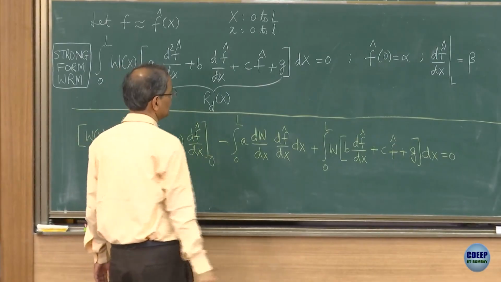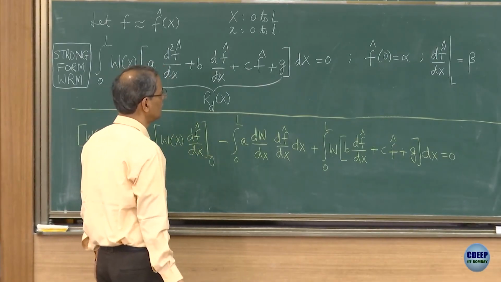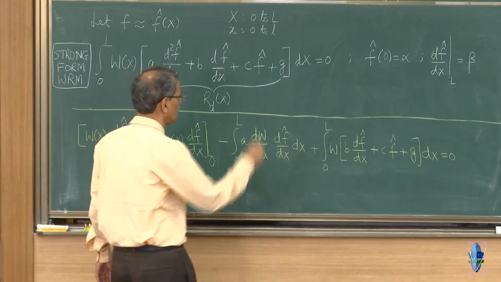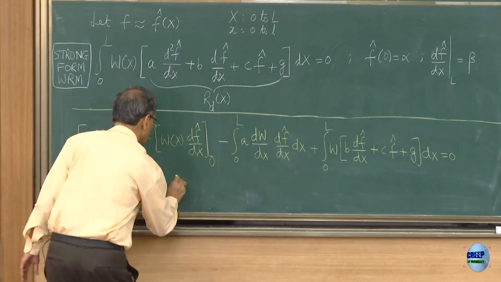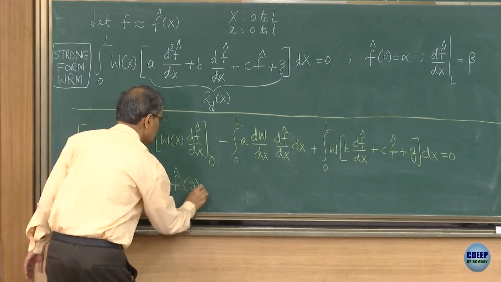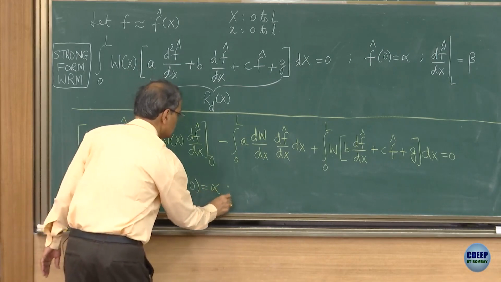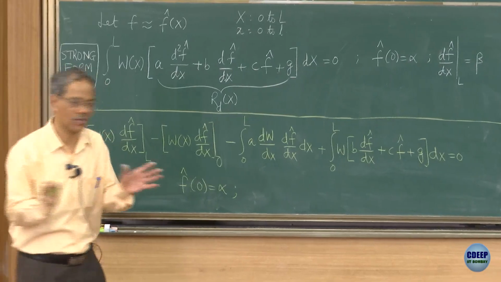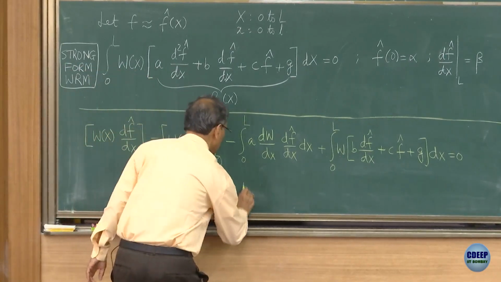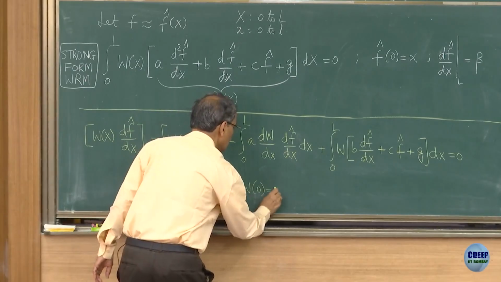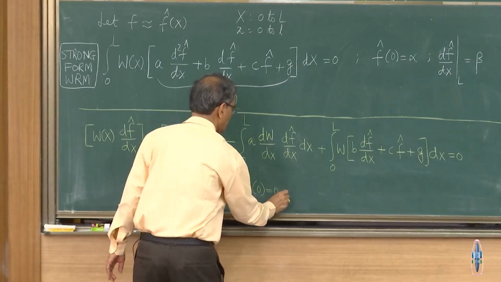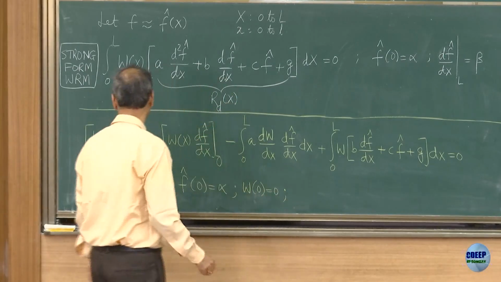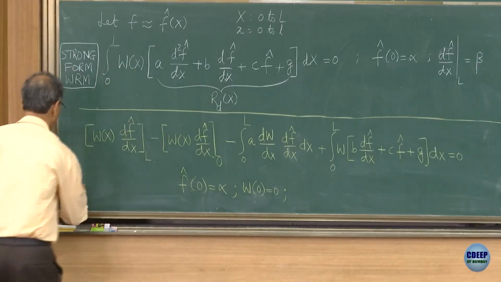On the boundary conditions, we have said f hat of 0 is alpha, so that remains the same. And since at x is equal to 0 the function is prescribed, we are going to ask for the weight function w of 0 to be 0. This is our weak form, so to say.